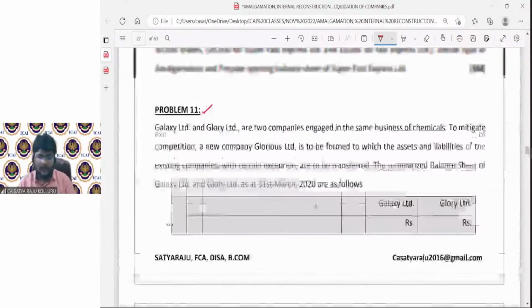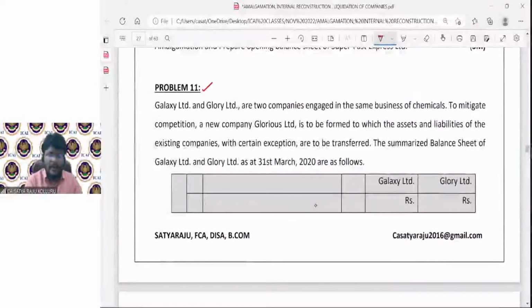So now come here. Galaxy Limited and Glory Limited are two companies engaged in the same business of chemicals. To mitigate their competition, a new company, Glorious Limited, which is a pure amalgamation, is incorporated to take over the existing companies.